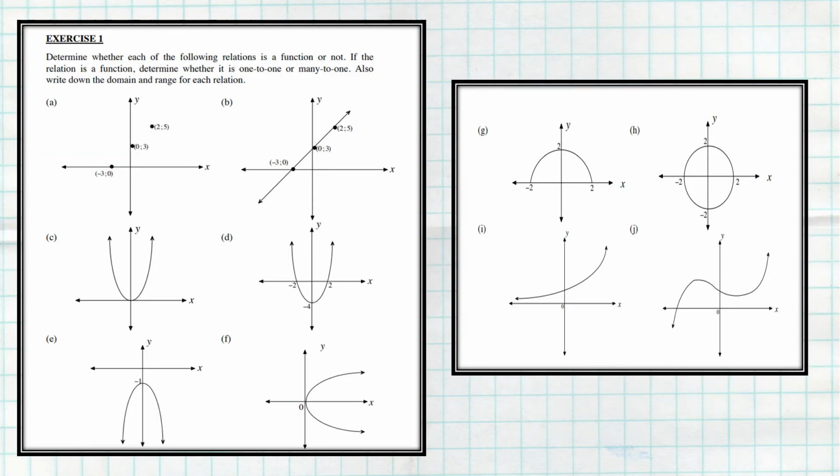Okay, let's quickly take a look at this exercise, and I'll just use this as an example in order for you to understand what we were just covering in this lesson. So the question said, determine whether the following relation is a function or not. If the relation is a function, determine whether it's one-to-one or many-to-one. Also write down the domain and range for each relation.